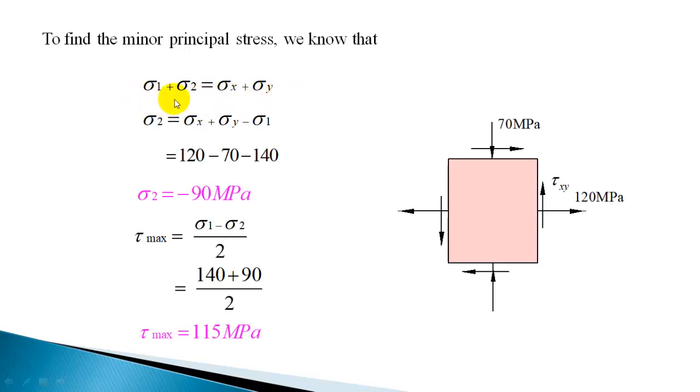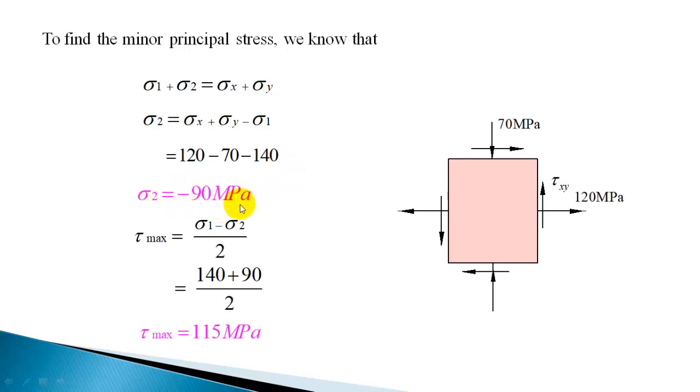So since principal planes are also mutually perpendicular planes, you can sum up sigma 1 and sigma 2 and equate to sigma x plus sigma y. So sigma 2 is equal to sigma x plus sigma y minus sigma 1, and sigma x is 120, sigma y is minus 70, and sigma 1 is 140, which will give sigma 2 as minus 90 megapascal.